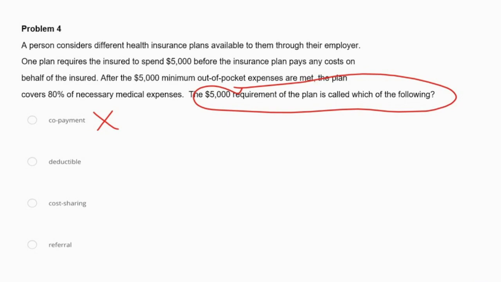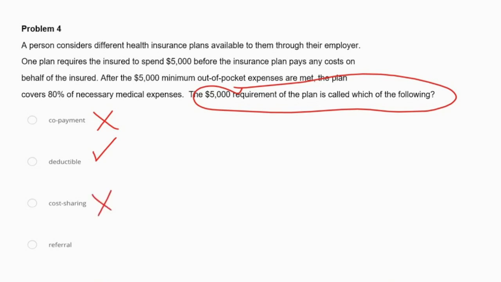In this case, a deductible may be a lump sum or out-of-pocket expense. So we're going to put this just as a placeholder. Cost sharing refers to individuals dividing medical costs, for example, through co-payments or maybe co-insurance. It doesn't specifically refer to a $5,000 upfront requirement. So in this case, cost sharing would not be the correct answer.